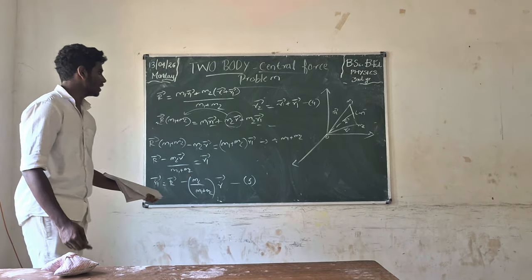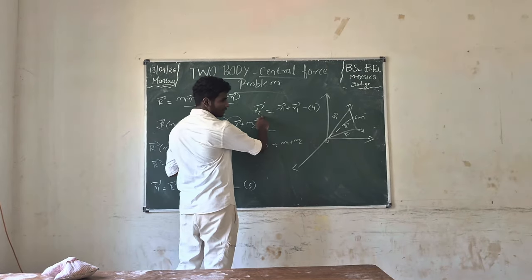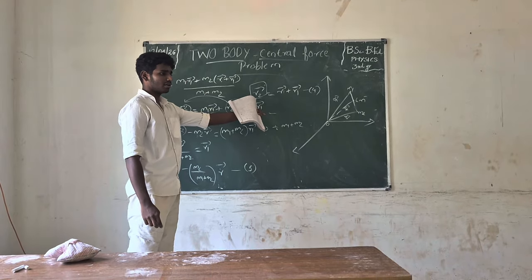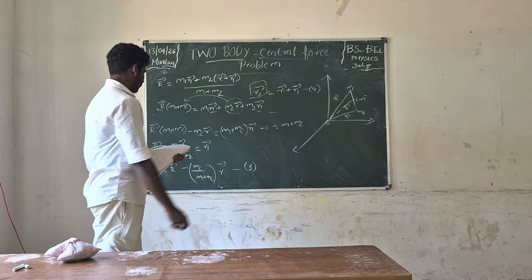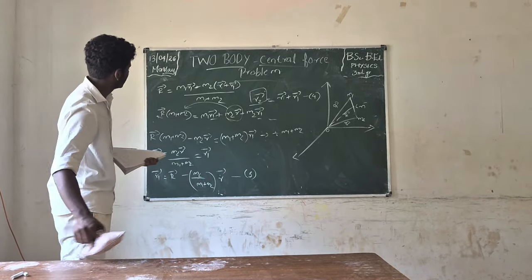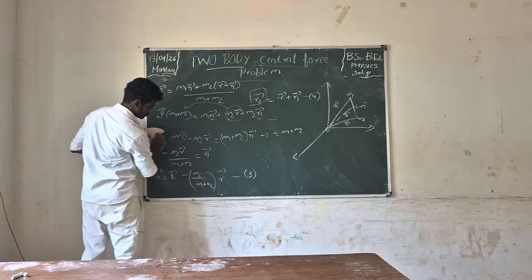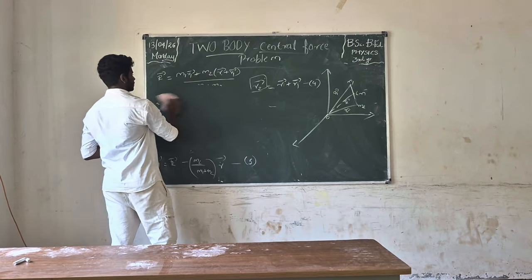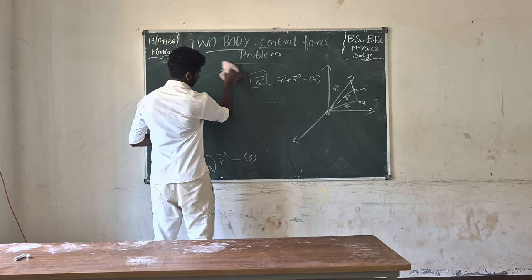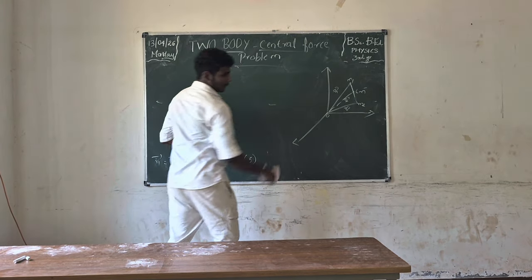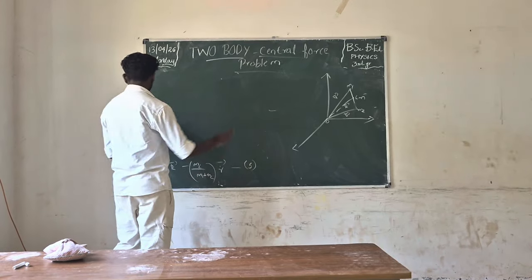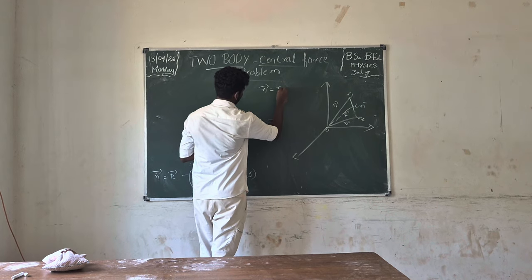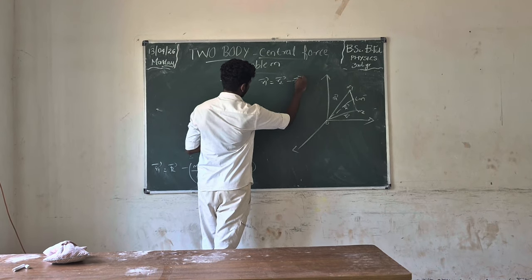Okay. Similarly, from this equation we can also find the value of r1. It will become vector r1 equal to vector r2 minus vector r.